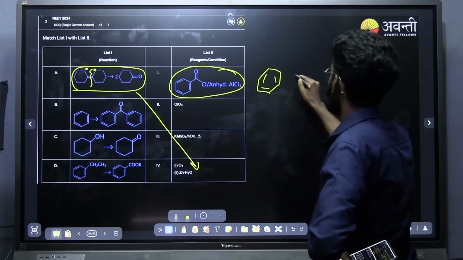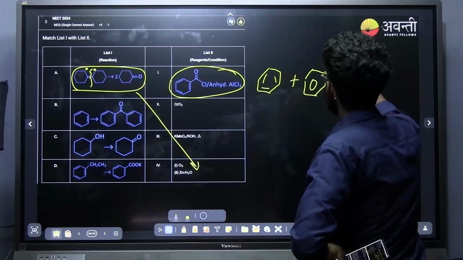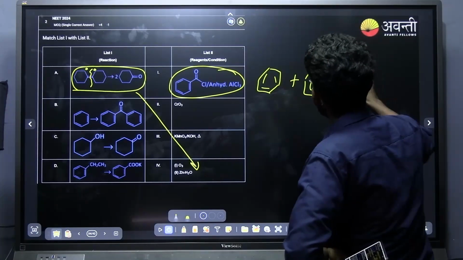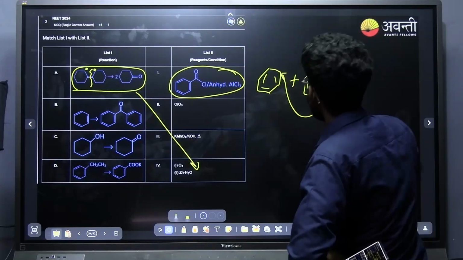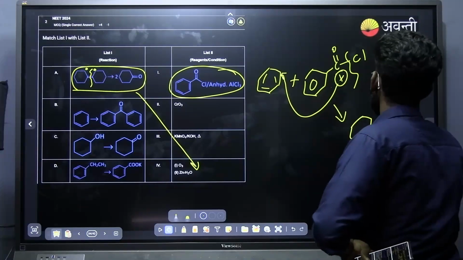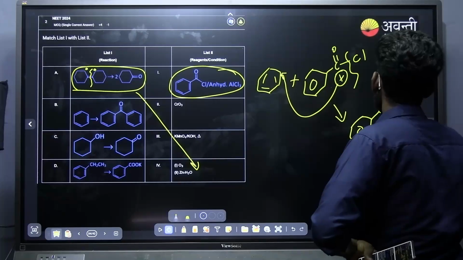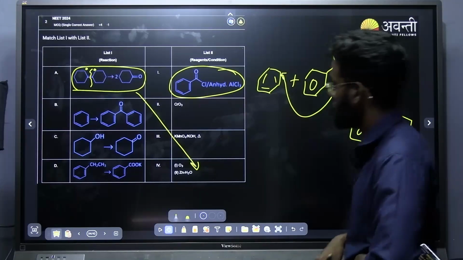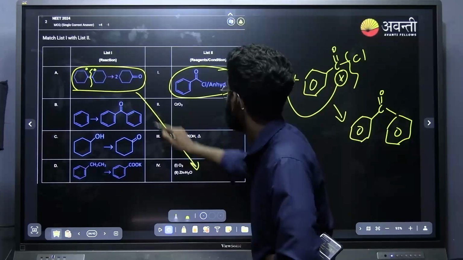For that we are using an acyl chloride, C double bond O Cl. This will create an electrophile, and that electrophile will attack the benzene ring, and I will get the diphenyl ketone. Yes, very good all of you. This is going to match with D.